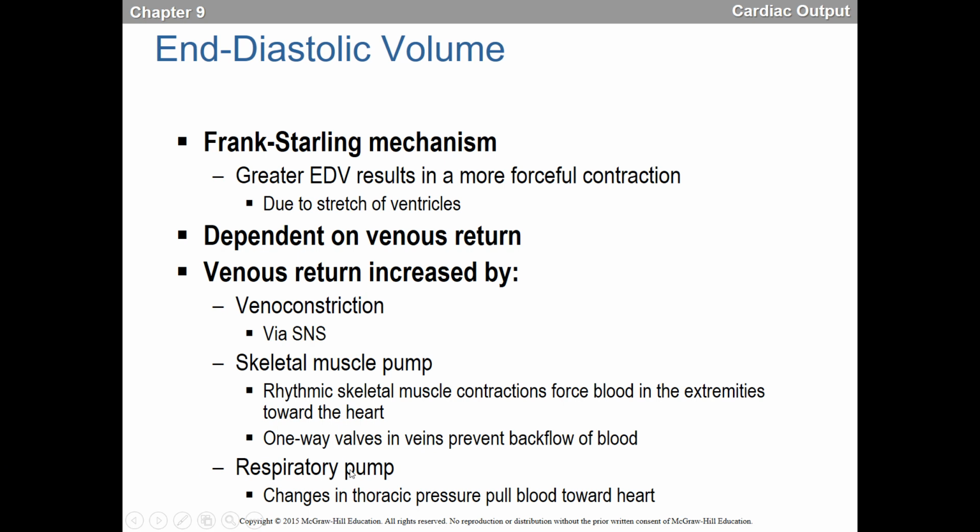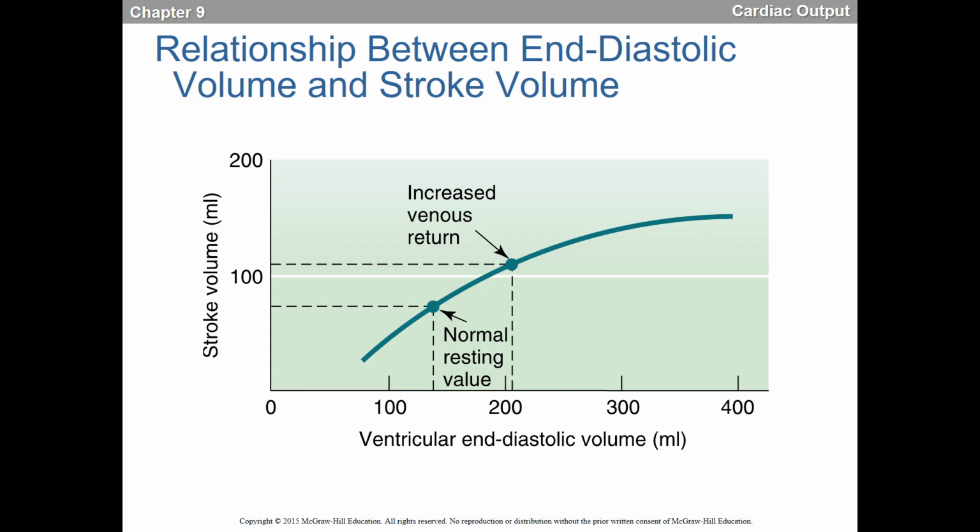And lastly, the respiratory pump. Whenever we're breathing harder, there's going to be a lower pressure near where our heart is, so that's going to cause blood to flow toward our heart a little bit easier. So here is the relationship between end diastolic volume and stroke volume. As end diastolic volume goes up, there's going to be greater stroke volume, which is related to increased venous return.